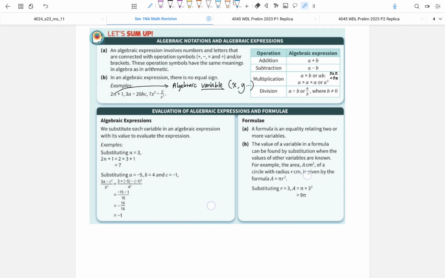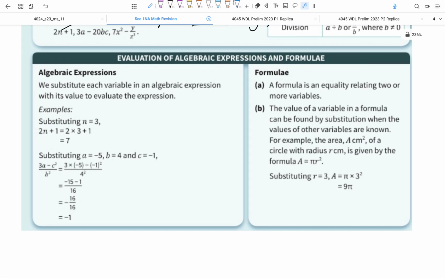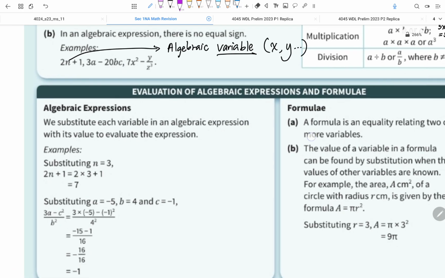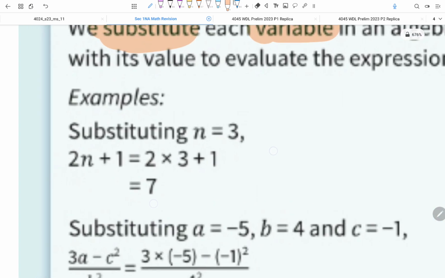Now in this chapter, you will also learn the evaluation of algebraic expressions. Now evaluation actually means you will substitute a value of the variable into the given expression. For instance, let's say you have 2n plus 1 and they tell you to substitute n equals 3.